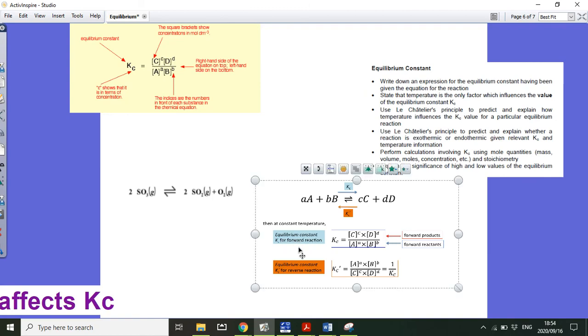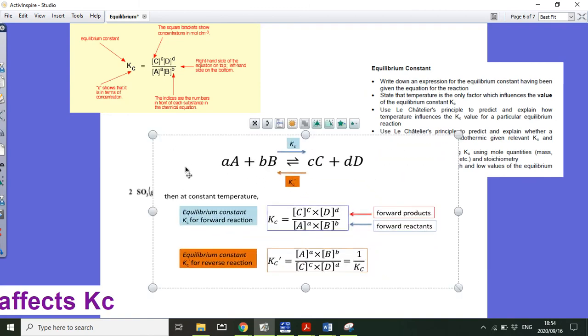If they say the equilibrium constant for the forward reaction, then it's going to be products over reactants. If they say the equilibrium constant for the reverse reaction, then the products become the reactants. So these must swap around and the value will be the inverse. There have been questions on this before, but it is just treated the same way.